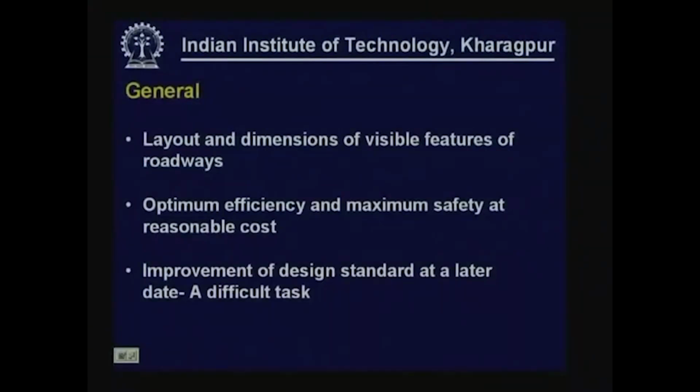It is aimed to provide optimum efficiency and maximum safety at reasonable cost. Given the investment, how we can achieve optimum efficiency and also achieve maximum safety in terms of traffic operation through adequate or suitable design.